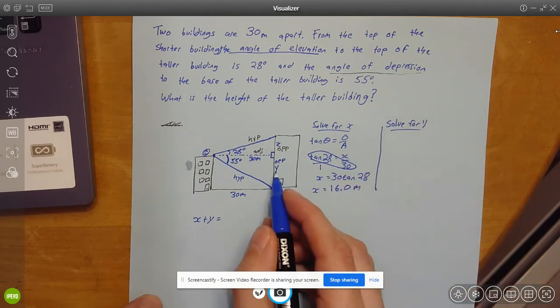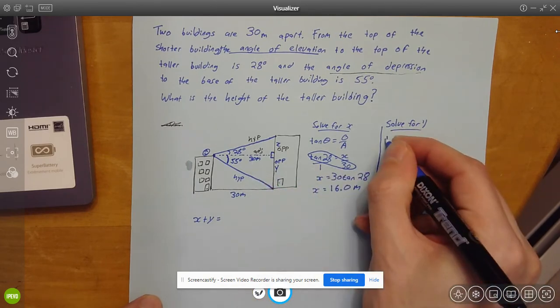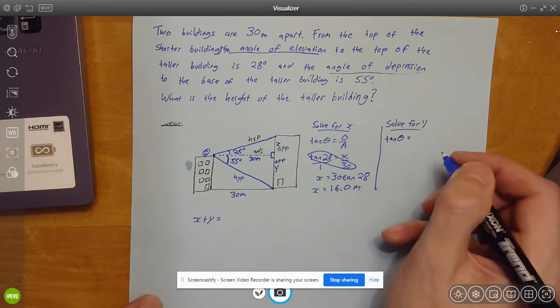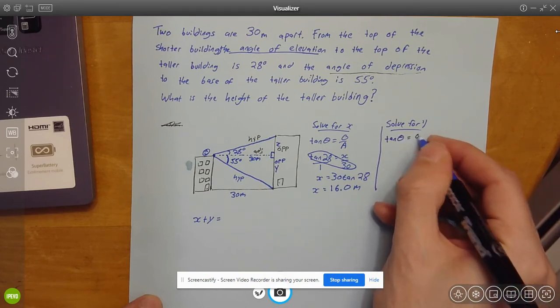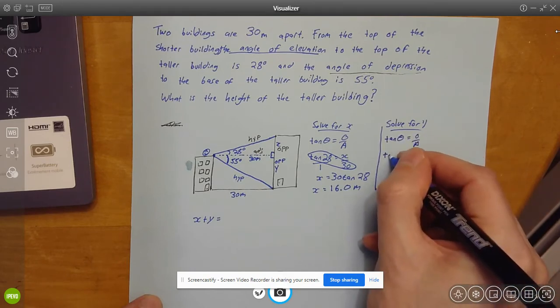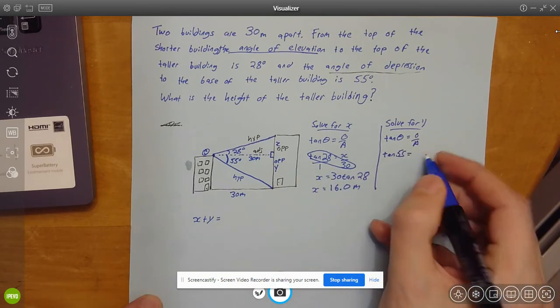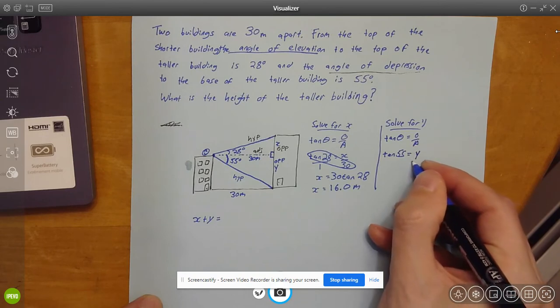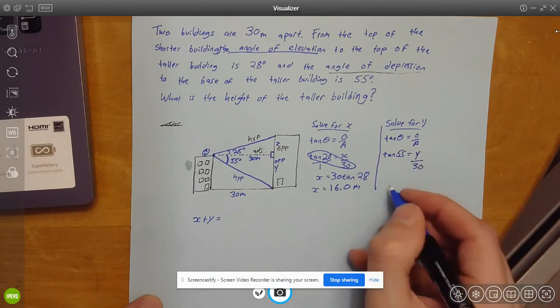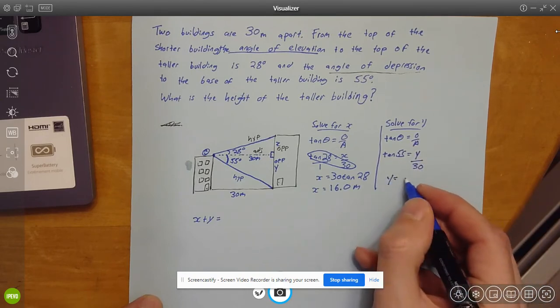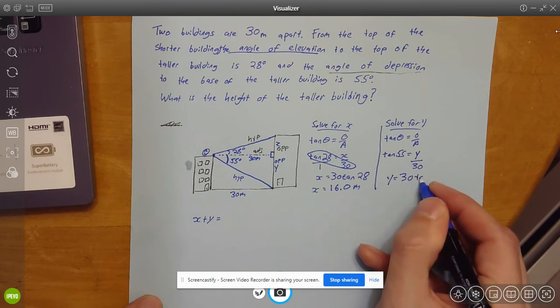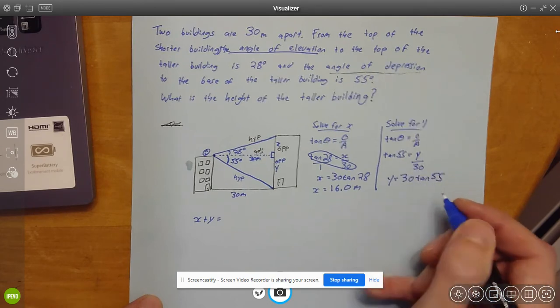So again, I want to know opposite, I know adjacent. So again, I can use tan theta equals O over A. But in this case, my new reference angle is 55. Now I'm looking down. And that's going to be y opposite over adjacent, which is still 30. And then when I cross multiply, y is going to equal 30 tangent 55.